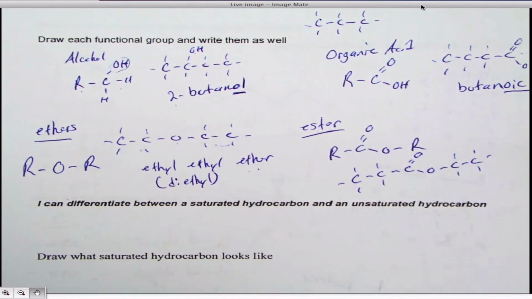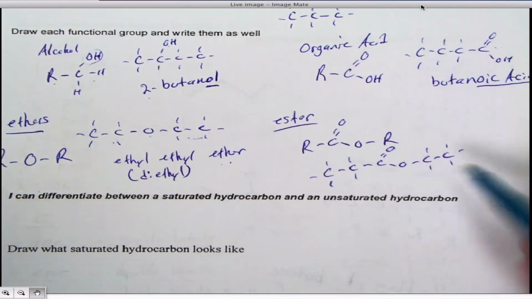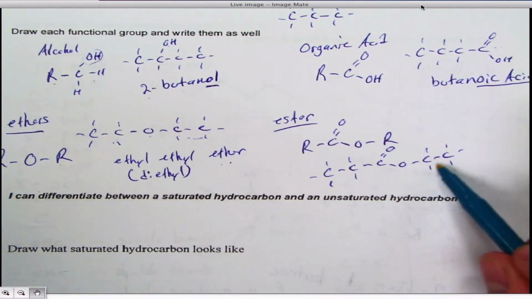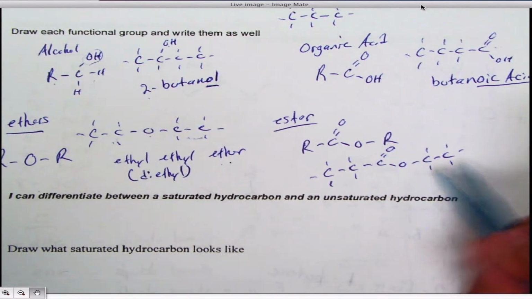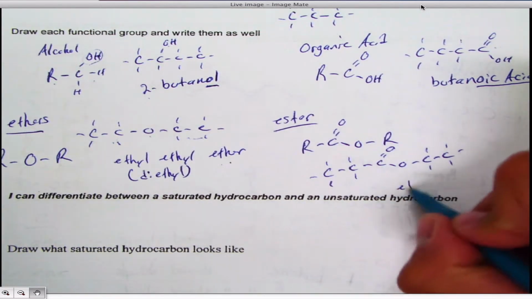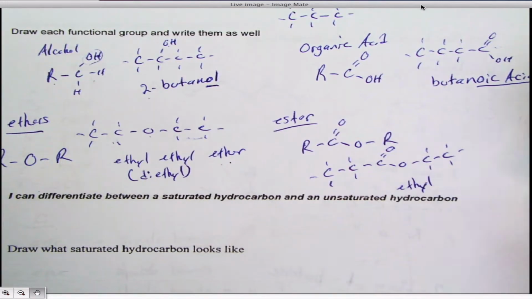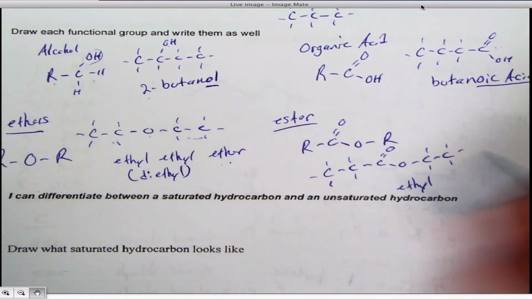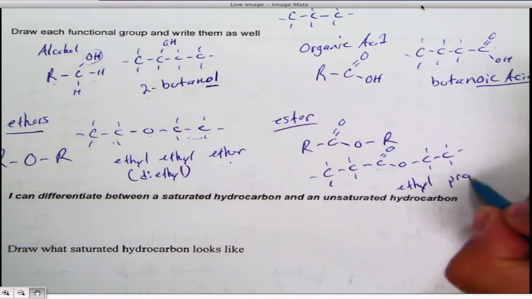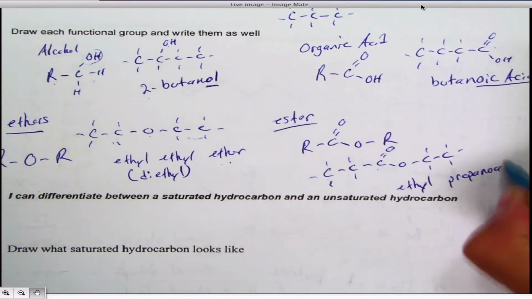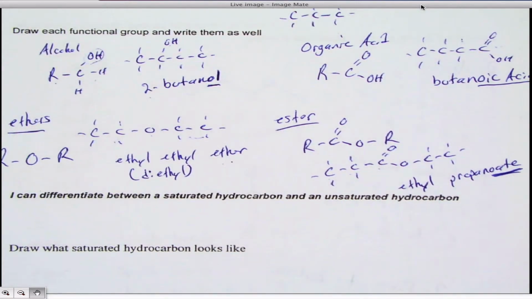We name this in parts as well. The part you name first is going to be the part that has the sandwiched oxygen that's not double bonded to the oxygen. So here we have 2, so 2 is eth, so it's going to be an ethyl group. And then we have 3 here, 1, 2, 3 carbons, so it's going to be a prop. It's going to be ethyl propanoate. That tells me I have an ester. Ethyl propanoate.